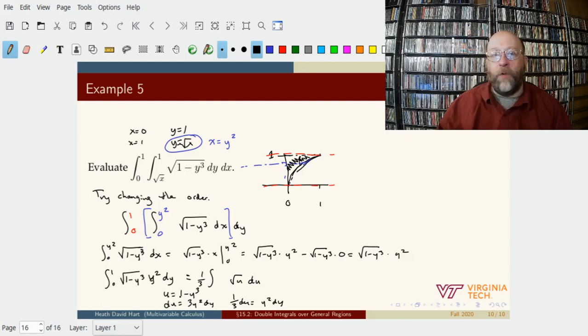When y is equal to 0, u is 1 minus 0, and when y is equal to 1, u is 1 minus 1. So my boundaries switched from 0 on the bottom and 1 at the top to 1 on the bottom and 0 at the top. The integral of square root of u is u to the 3/2 times 2/3, and there's also a 1/3 out here. Plug in 0 and 1.